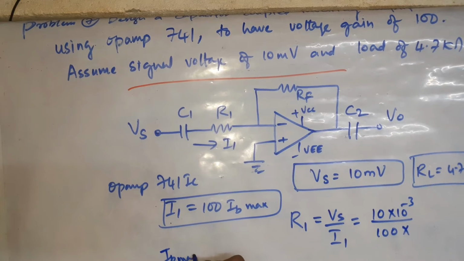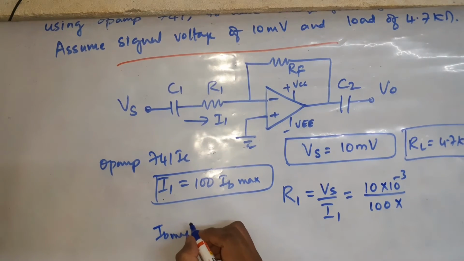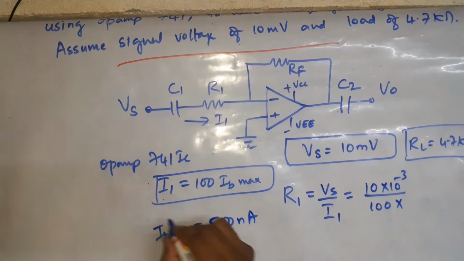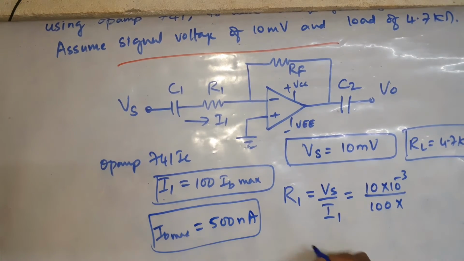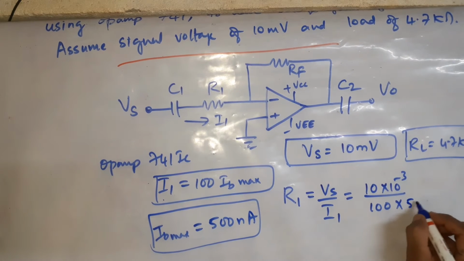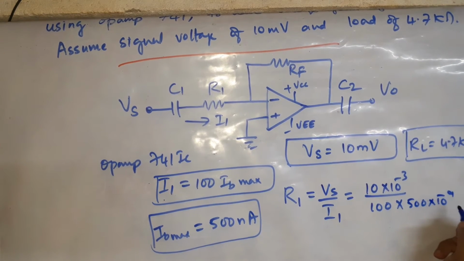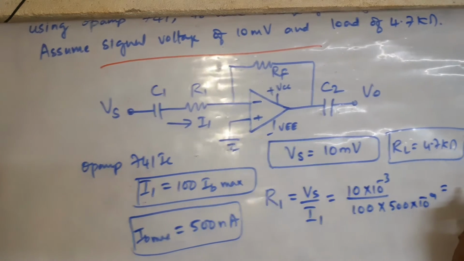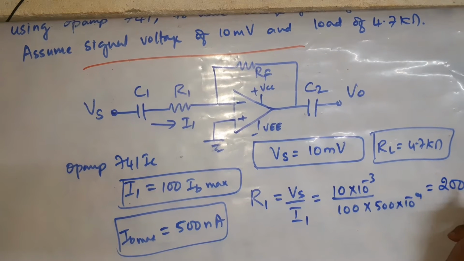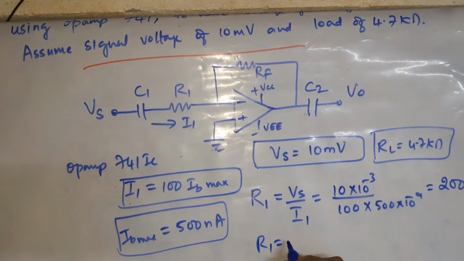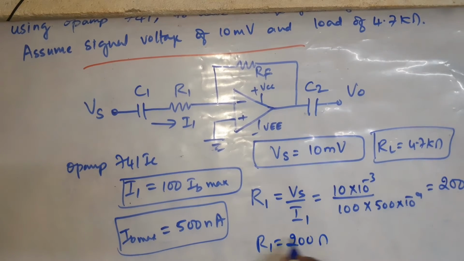IB max is always equal to 500 nano amperes. So substitute here 500 into 10 raised to minus 9. So you will get 200 ohms. So finally R1 is equal to 200 ohms.